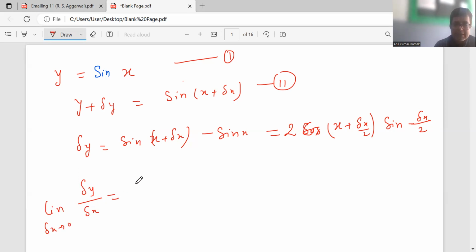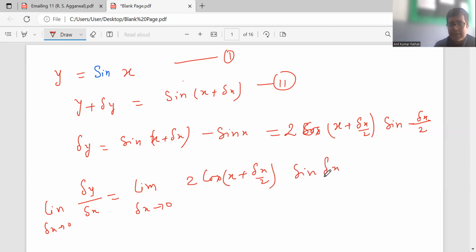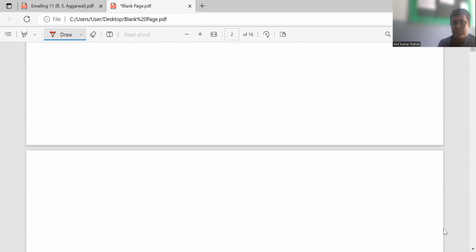So now what we get is the limit as delta x tends to 0 of 2 cos(x plus delta x by 2) into sin(delta x by 2), and this whole will be divided by delta x. Now if you put the value of delta x, you will get cos x. But what about it? We get an indeterminate form. This is 0, this is 0, 0 by 0. So for this, what do we do? We proceed further.